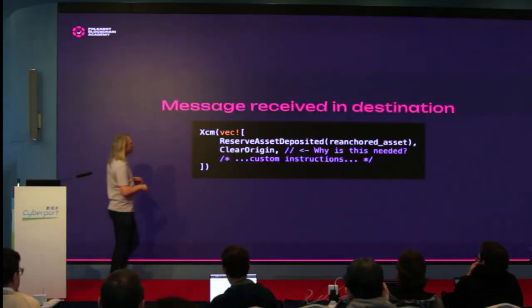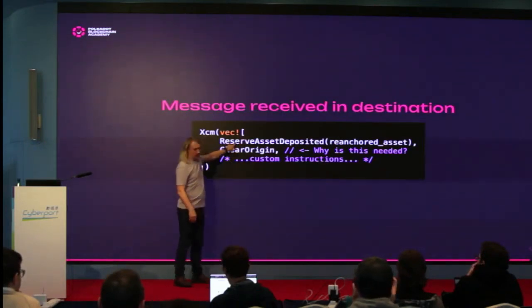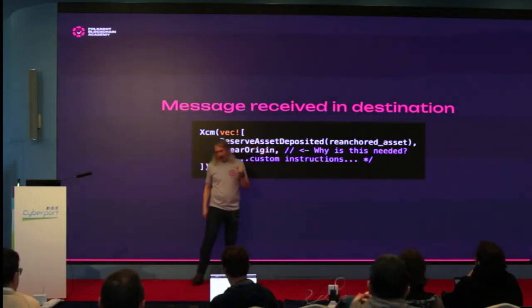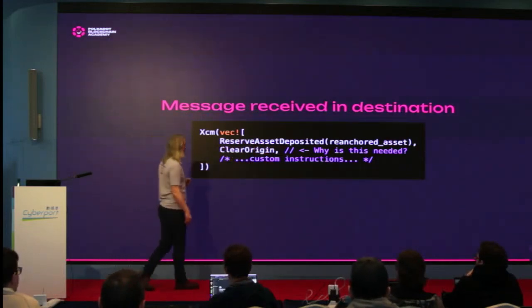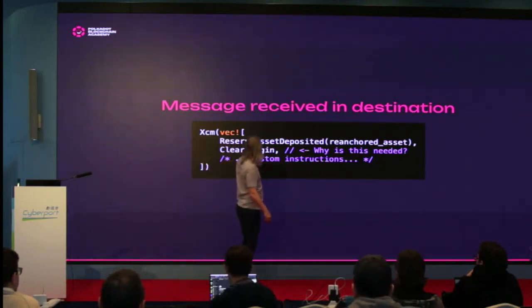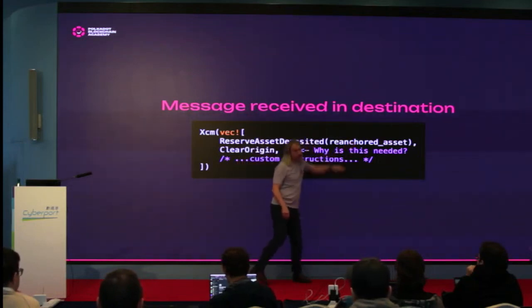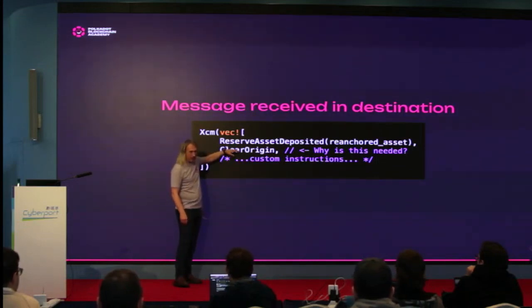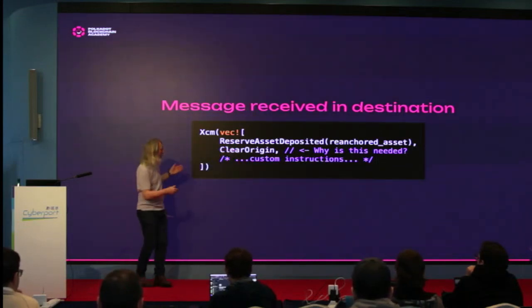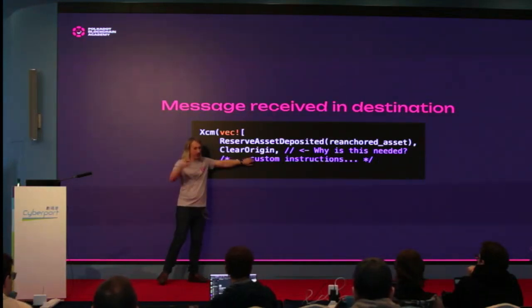Now, what is received at the final destination is this trusted notification. This is an important one. Reserve asset deposited. What it says is that a chain that you trust as being a reserve for some asset has received some of that asset. Here's the asset it's received. We see this clear origin again, because the reserve doesn't trust whoever created these instructions to act on its behalf on the destination.